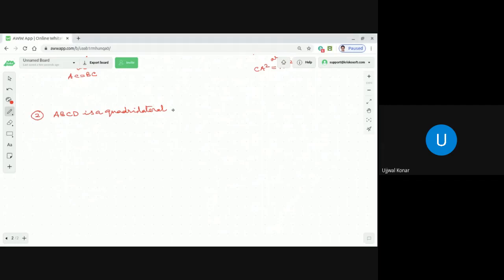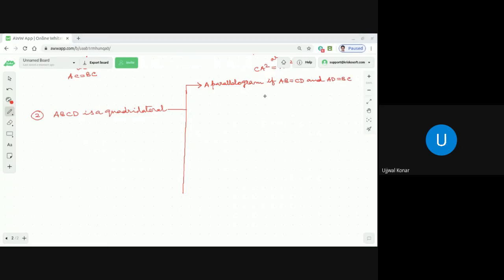So from here we can say it is a parallelogram if AB is equal to CD and AD is equal to BC.